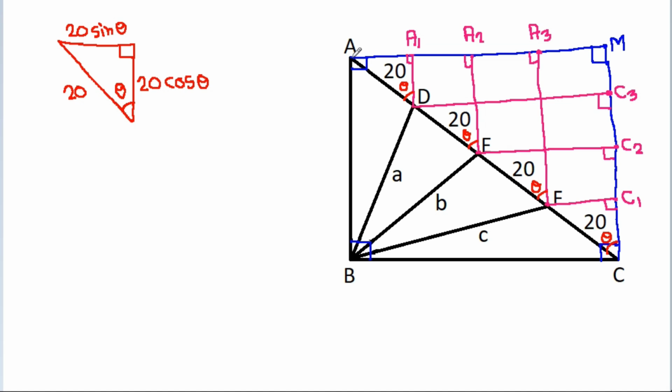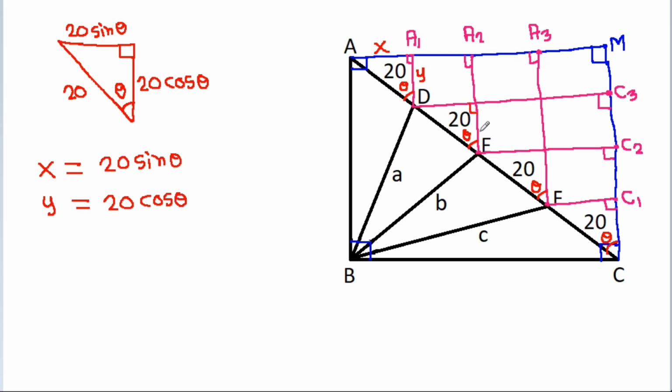And here, suppose AA1 is X and BA1 is Y, then X will be equal to 20 sin theta, and Y will be equal to 20 cos theta.